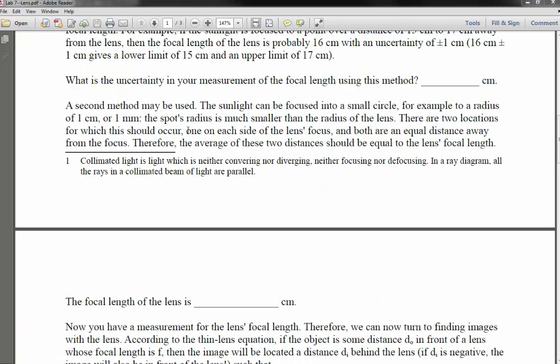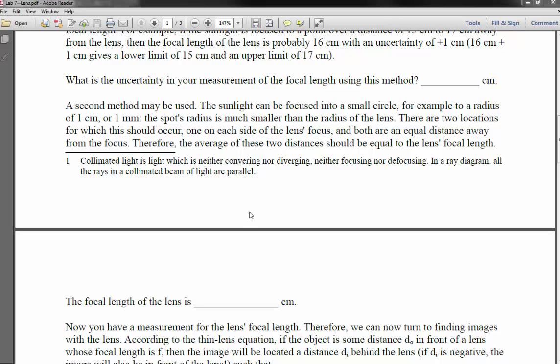The second method that we use is pretty similar to this first method, in that you should notice that if you move your screen away from the focal plane, what you get on it is what looks like a very bright circle, and if you look very closely you might see rings around the circle. The bright circle basically represents the image that you're making of the sun on the screen, or what the sun looks like as imaged onto that screen.